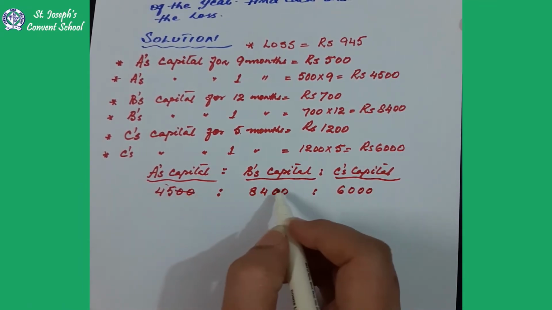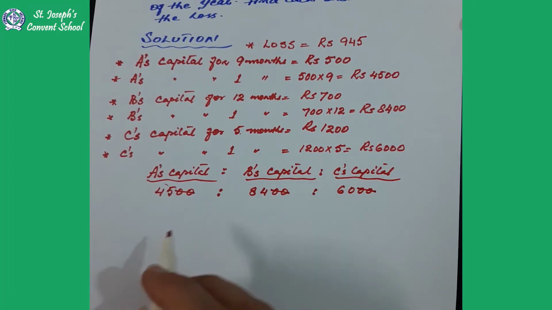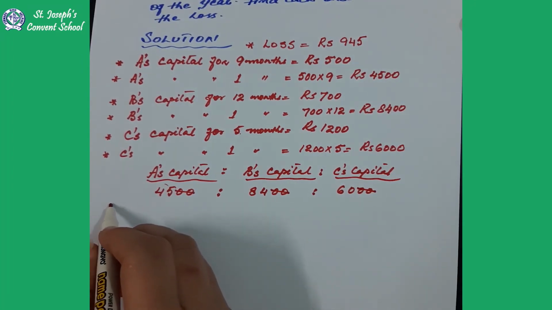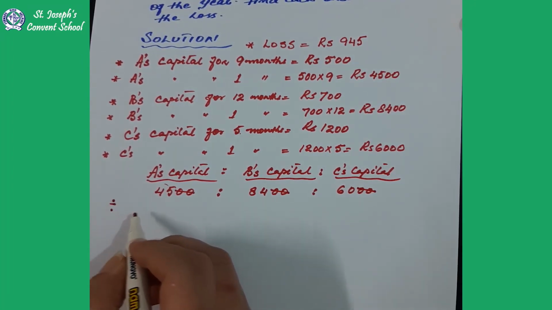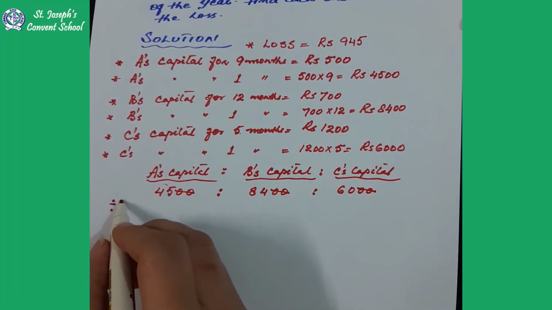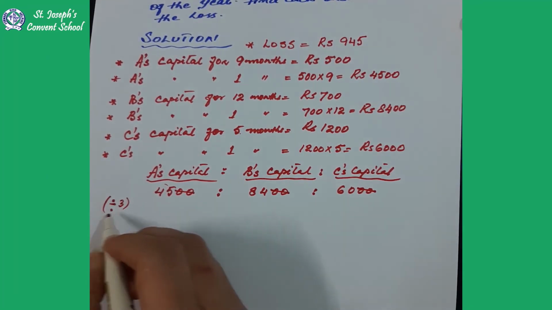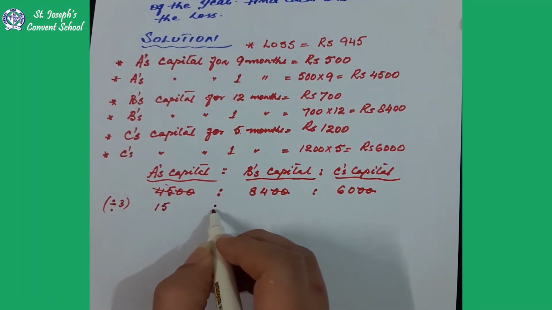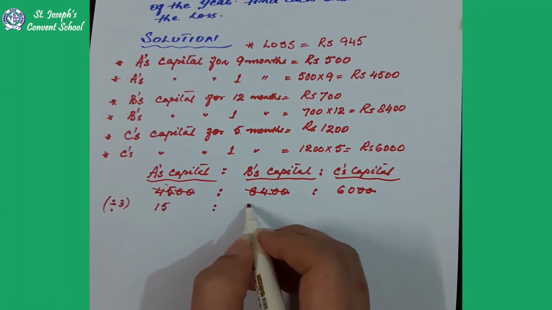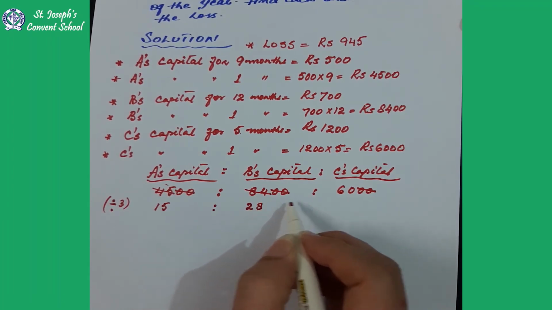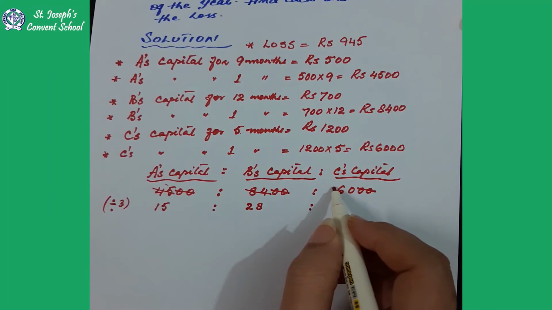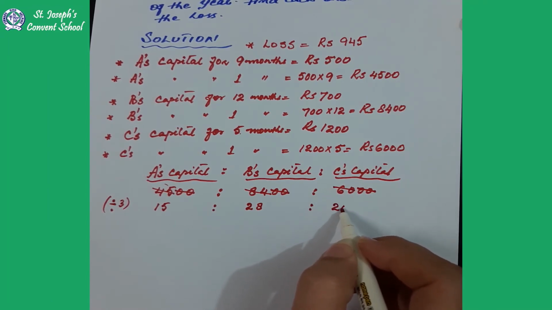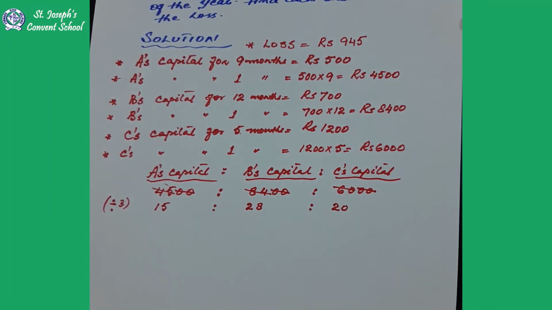Now two zeros you can cancel from each. Now you can divide. All these will go in table 3. Okay, divide them by 3. 3 into 15 is 45, 3 into 28 is 84, and 3 into 20 is 60. Now you cannot further divide them, it's not possible, so you can find the sum of ratios.